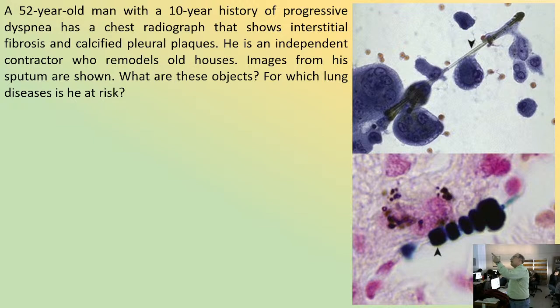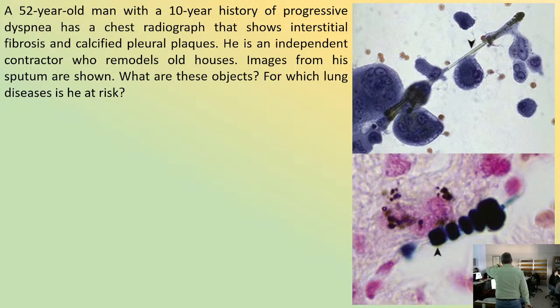So, these are images taken from the cytological smears of his sputum. So, what are these objects? And you see, one of them appearing somehow blue, that means we have a specific stain demonstrating ferritin.